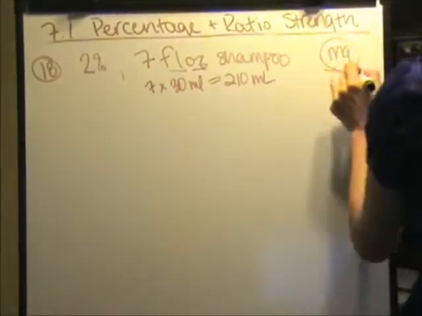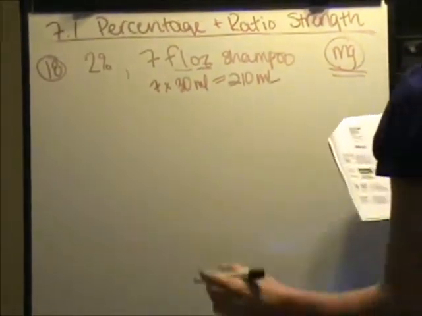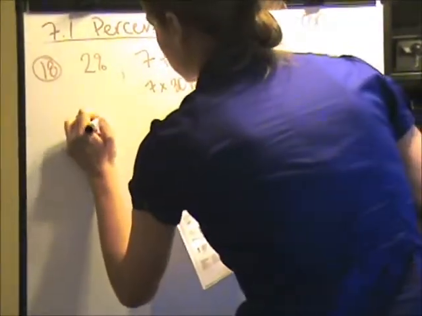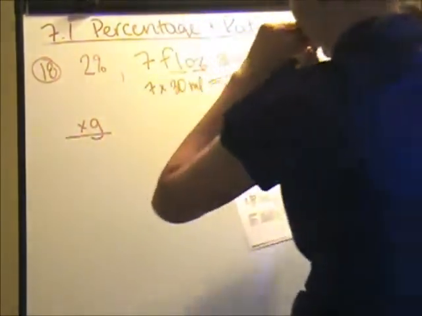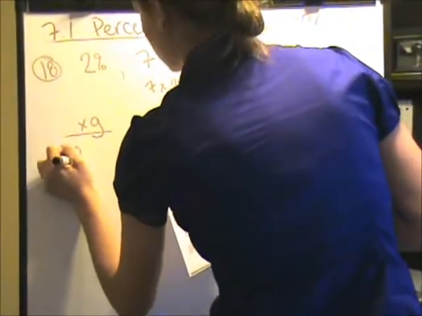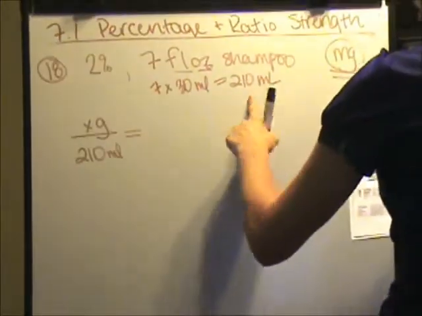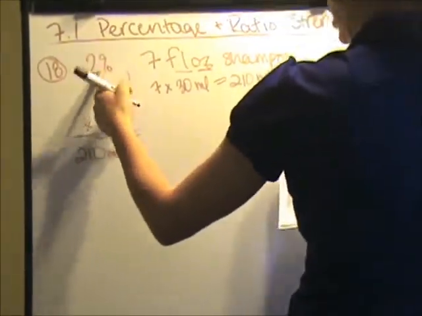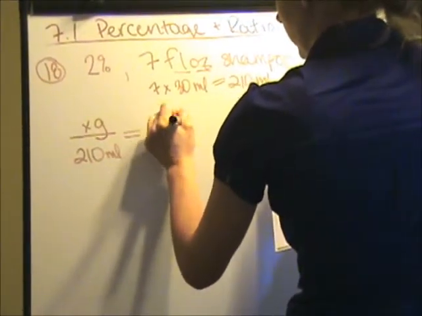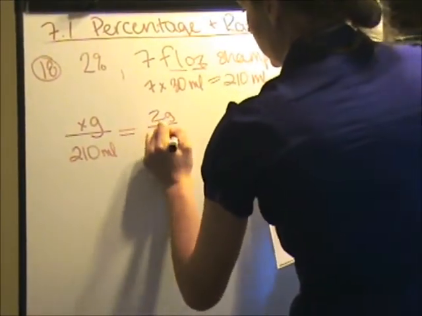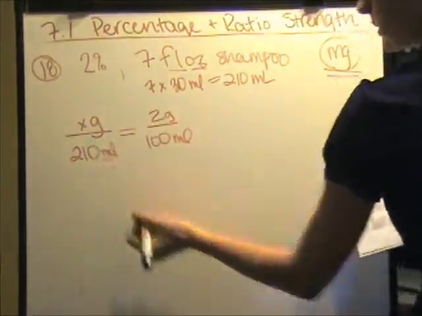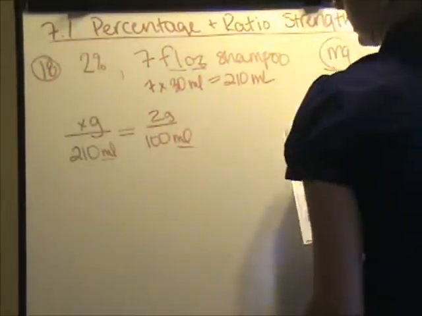Alright, so we know we're solving for milligrams, but we have to do it in grams to begin with. 210 milliliters is the package size, and we have 2% of 100, so we're going to have 2 grams over 100 milliliters, because remember, this is a liquid, so this has to match as well.